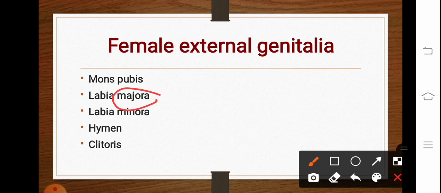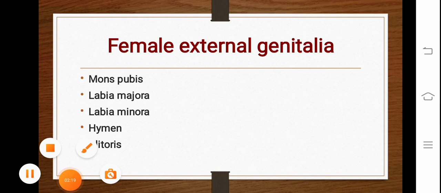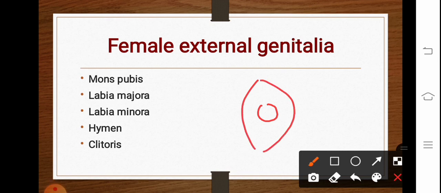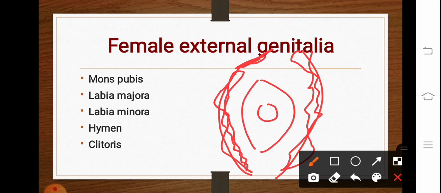For example, if this is the vaginal opening, it is surrounded by tissue folds. Here I'll draw the tissue folds. Okay, and this is called labia majora. Clear? Then there will be labia minora.